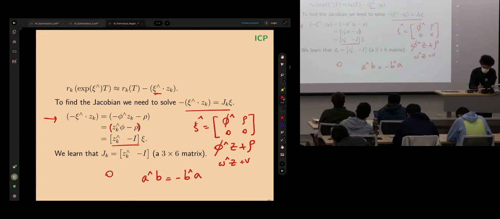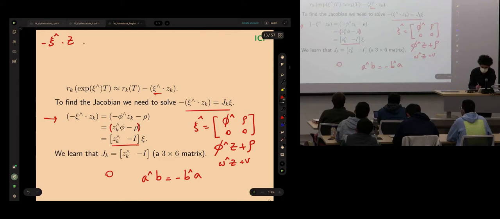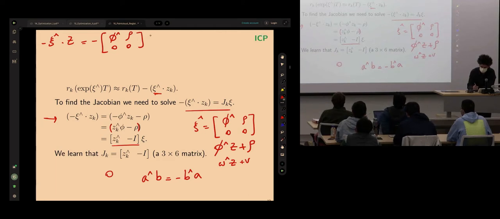So I am saying that negative of xi hat times Z equals negative of phi skew rho 0, 0 times Z. Now, because I'm not working with homogeneous, I'm just defining this action to be.